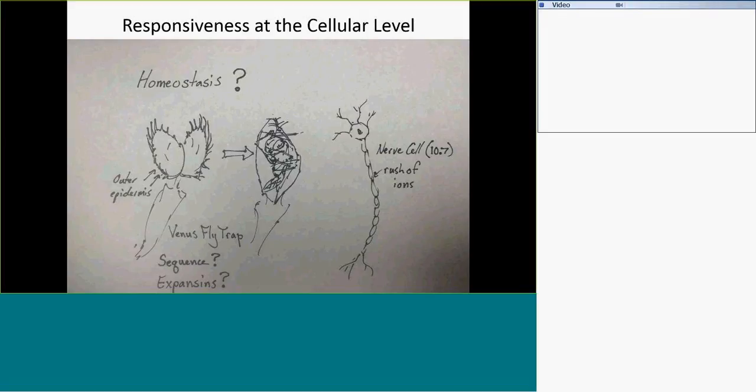A few questions to consider as you're looking at this concept of responsiveness. First, what is the sequence of the events? How does it respond at the cellular level? Within the plant cells, what type of a response is taking place?